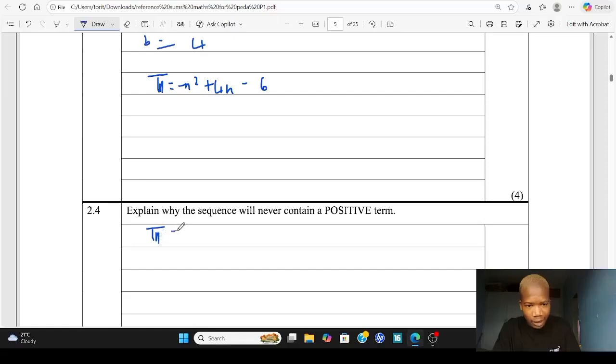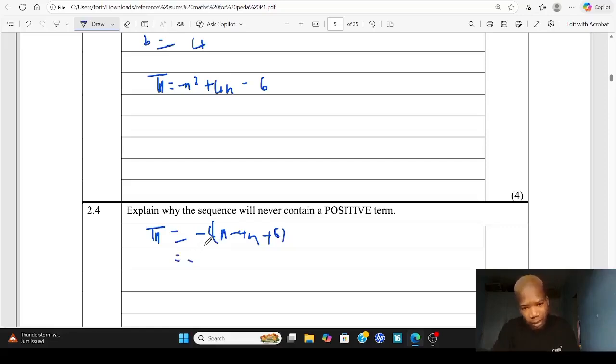Tn, then you can check the turning points of the function here. So it's minus, open bracket, n squared minus 4n plus 6, right? So from here on now, we can complete the square so that we can get the values of the turning points.